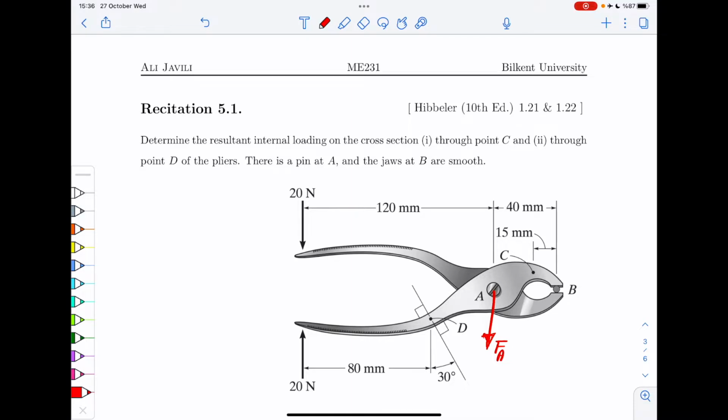Then obviously the 2 ends of the plier themselves also apply a force to each other. So let's call that FB. And again, everything I am doing is basically on this outer part. The opposite of that is on that part behind, okay?